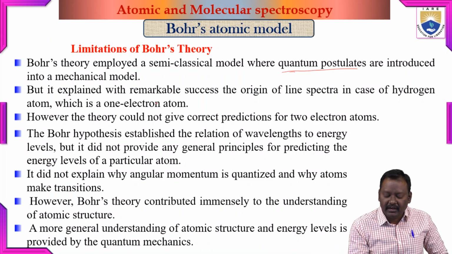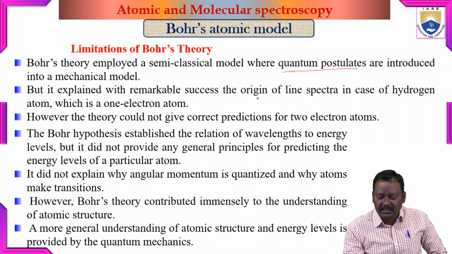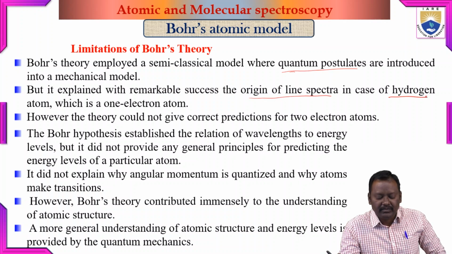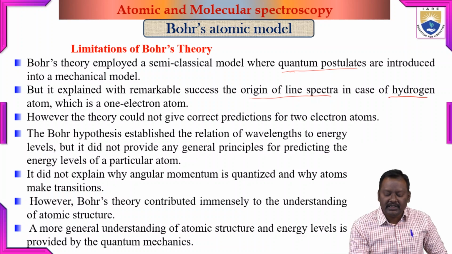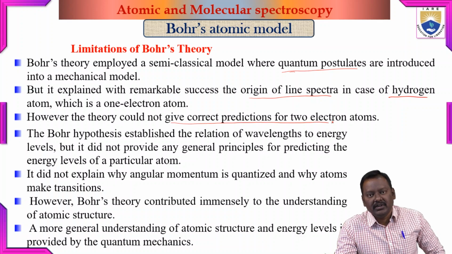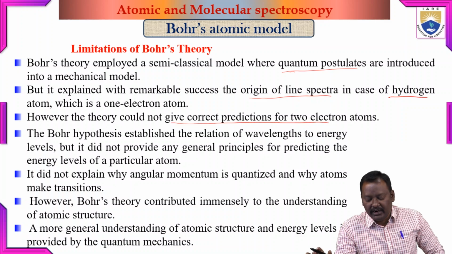But it explained with remarkable success the origin of line spectra in the case of the hydrogen atom, which is a one electron atom. However, the theory could not give correct predictions for two electron atoms. It failed to explain the model of two electron atoms.